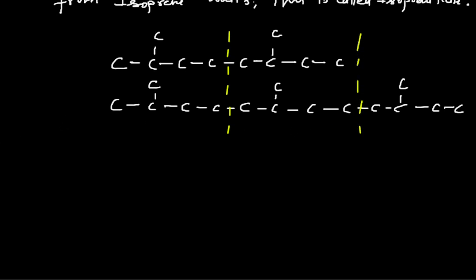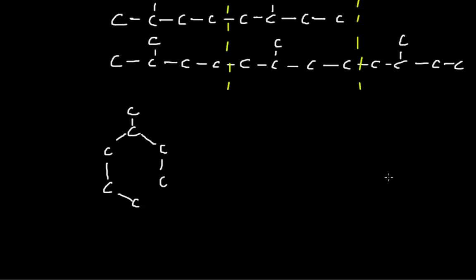If it is an acyclic structure, if you see here, so how this can be broken: 1, 2, 3, 4.